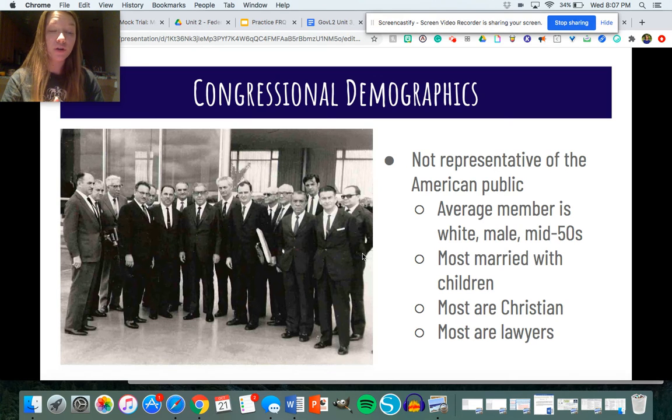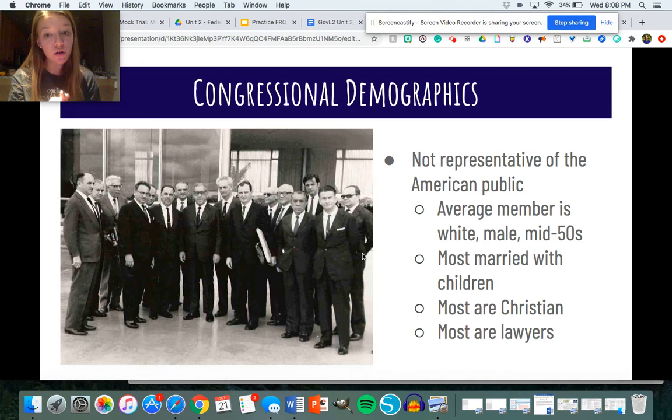Now, the 116th Congress is the most diverse Congress that there has ever been. We've had the most women, we have the most minorities in Congress today. However, on average, that is not the case. Most congressmen and congresspeople are married with children.